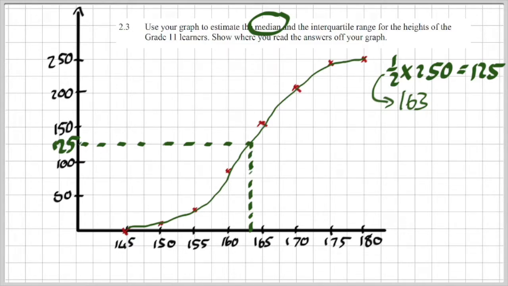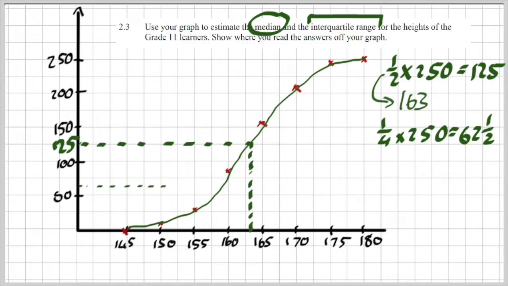Then they're asking me for the interquartile range. So I'm going to have to get Q1 and Q3. For Q1, I'm going to say a quarter of the 250. So I'm going to look for the 62,5th value, which is about there on the graph. Tracing it to my ogive, reading where it is, my quartile 1 is approximately 159. Okay, I hope you've got that.